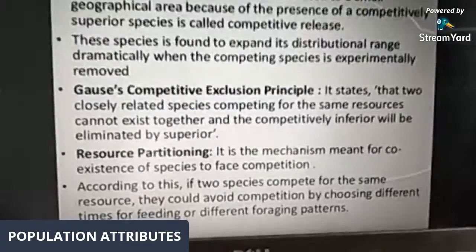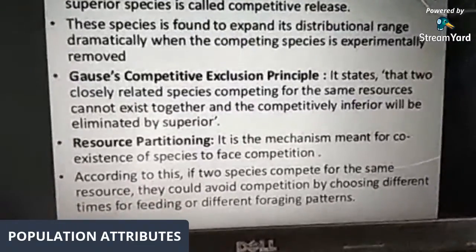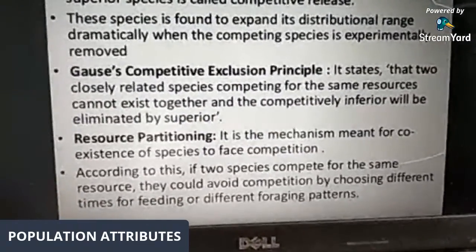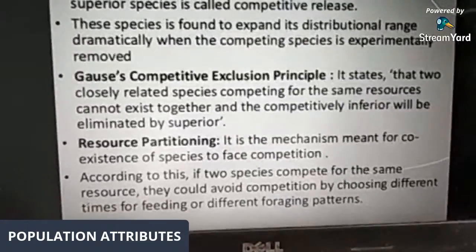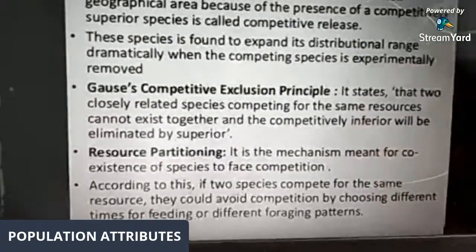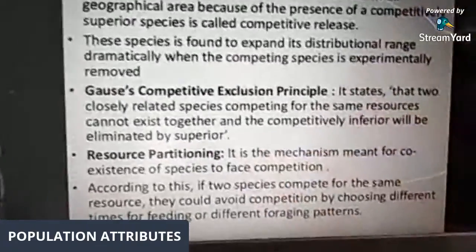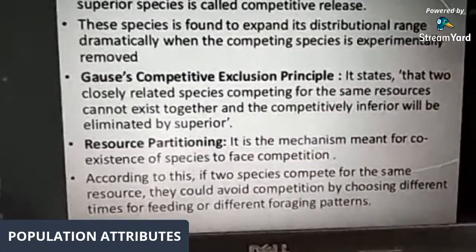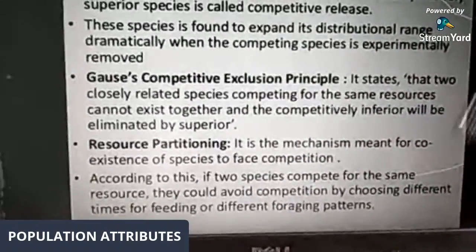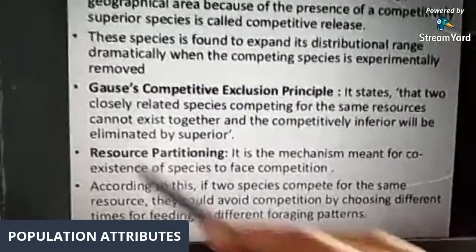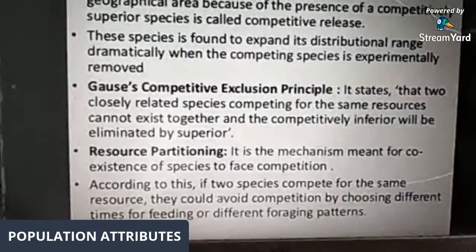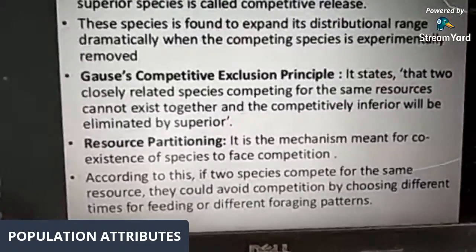Through the competitive exclusion principle you can see that two closely related species never exist together, because the competitively inferior will always be eliminated by the superior. And the last one is resource partitioning, a mechanism through which species interact mutualistically.